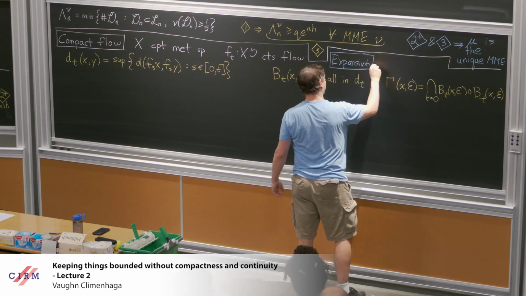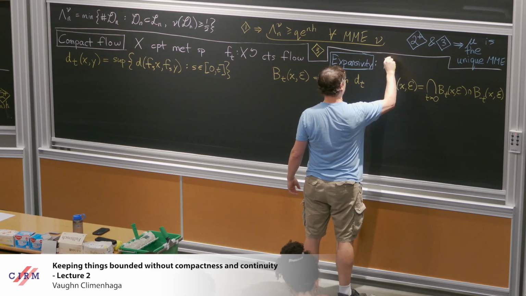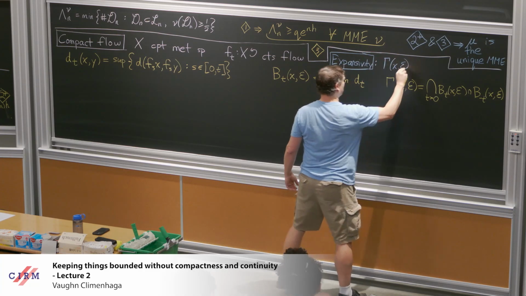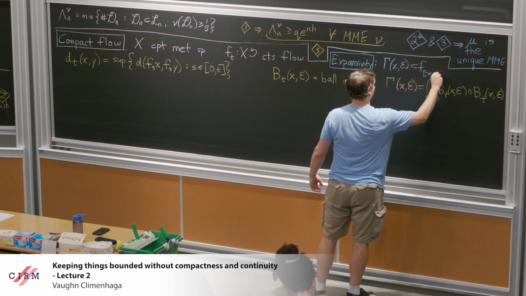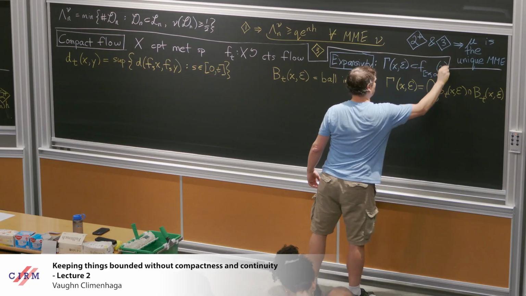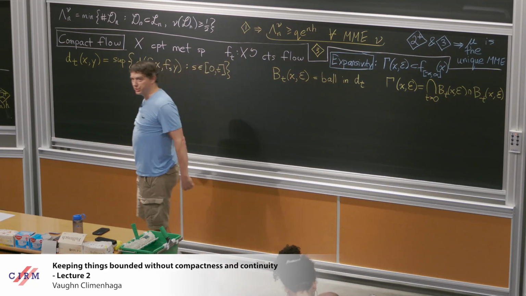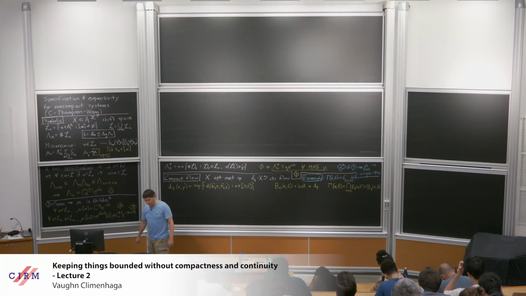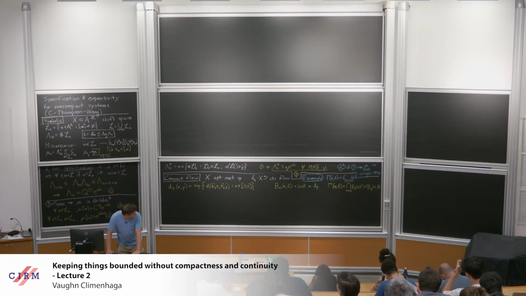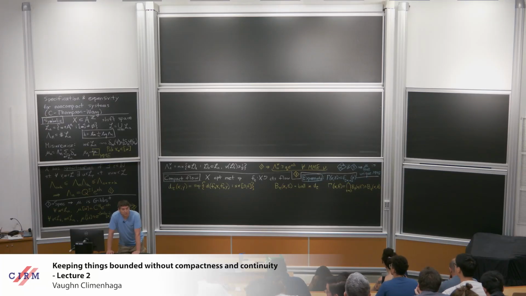The expansivity property is the property that this bi-infinite Bowen ball is contained in a small piece of the orbit. So I probably should have put some quantifiers here, as I always tell my grad students they should. I should say that there exists an epsilon and an alpha such that this is true for every x. So you have some expansivity scale epsilon.